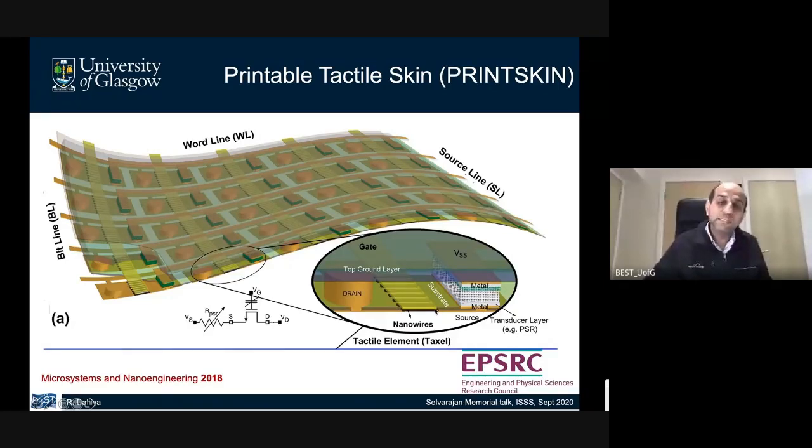So instead of a 1T1M kind of structure, this is a 1T1 sensor structure, where you have the pressure sensitive rubber as the resistive sensor. When you press, resistance would change, as you can see from this equivalent circuit. This leads to a change in the channel current, and that way you can have a printed transistor converted into a touch sensor.